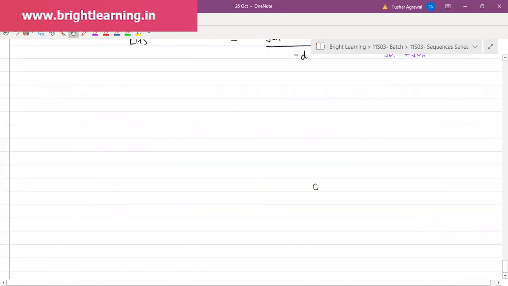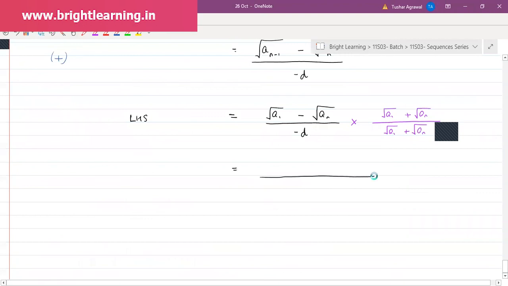So what do I get here? This negative d as it is, and here it is under root a1 plus under root an, and in the numerator it will be p minus q, p plus q, which is equal to a1 minus an, yes or no?